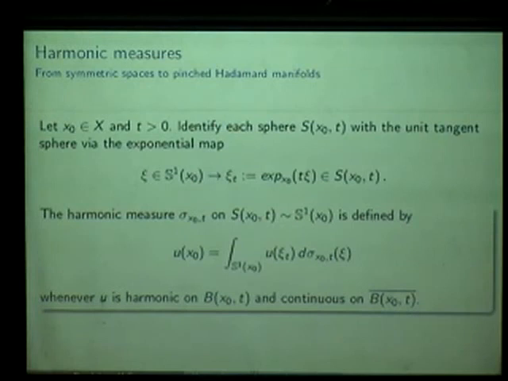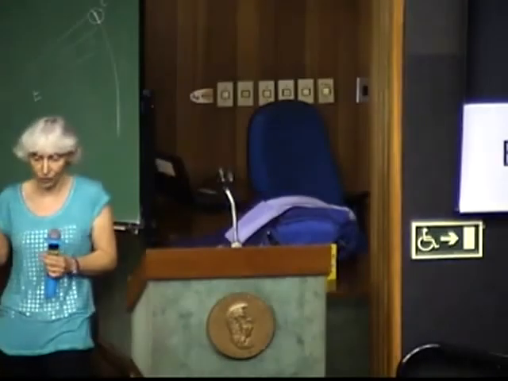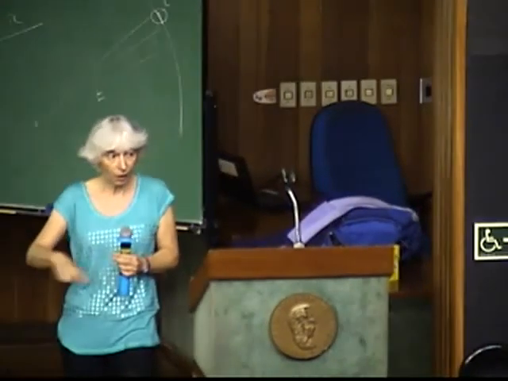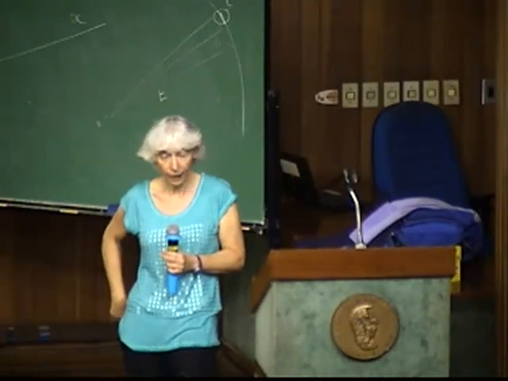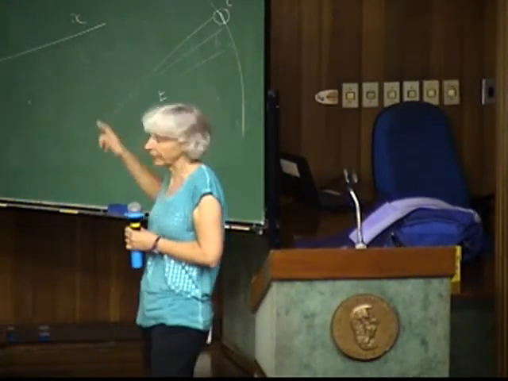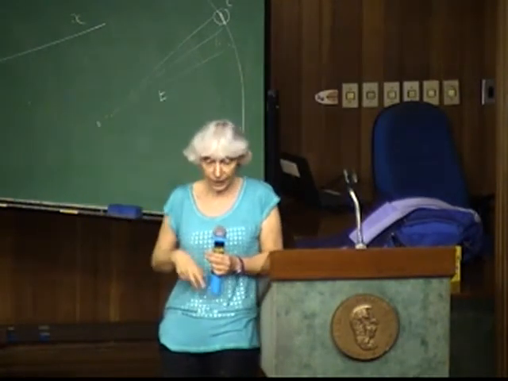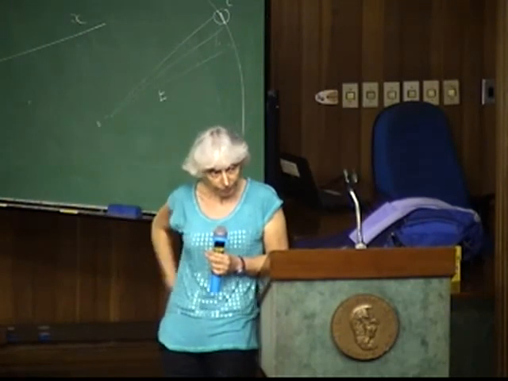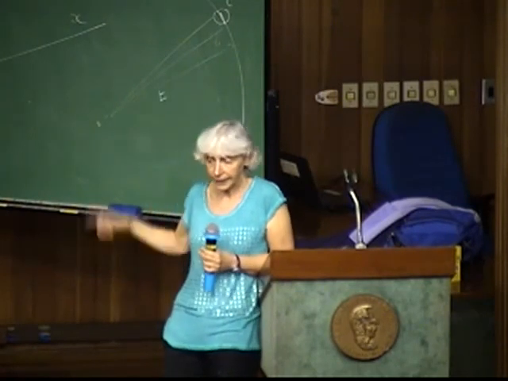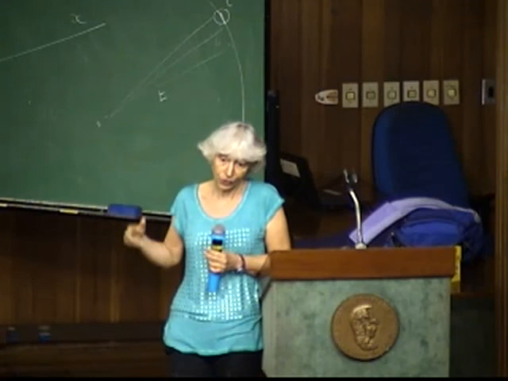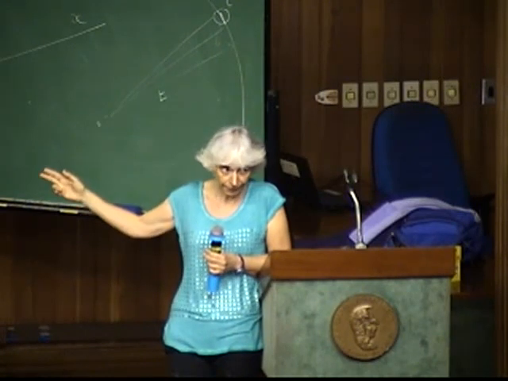You are given a continuous data at the boundary, and there is a unique harmonic function with this boundary value. And the value of this harmonic function at the center is associated by the Riesz representation theorem to a measure on the sphere. This is the so-called harmonic measure at the center for the ball. And these are the measures we will be working with in general.